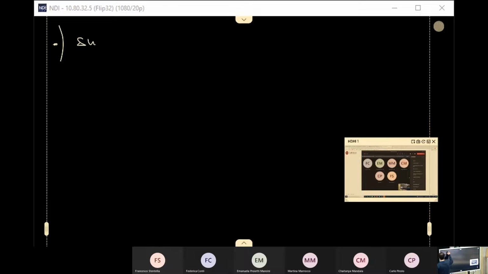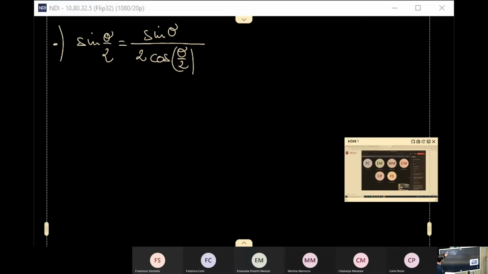So the sine of theta divided by 2, again, if you recall the definition of the trigonometric formula, can be written as the sine of theta divided by 2 times the cosine of theta divided by 2. You see, it's just the same formula that you have written before, because you have that the sine is equal to the sine of theta divided by 2 times 2 cosine of theta divided by 2. It's just the same.